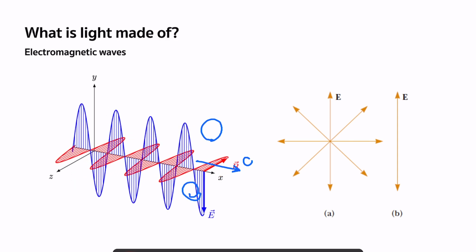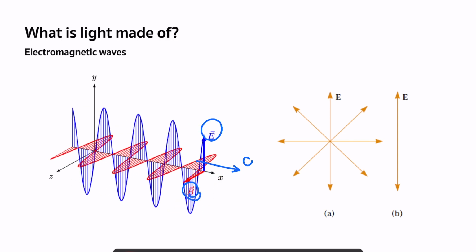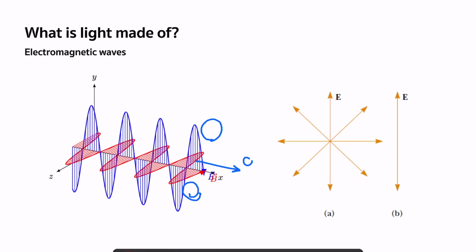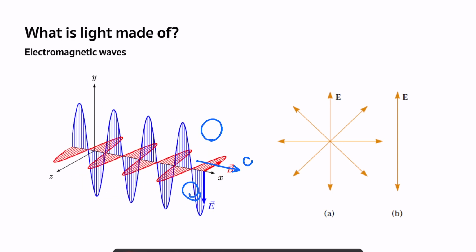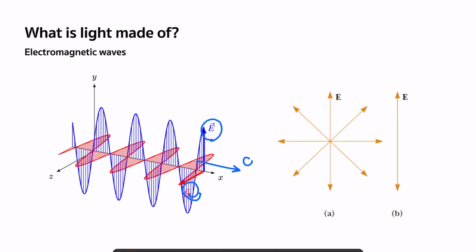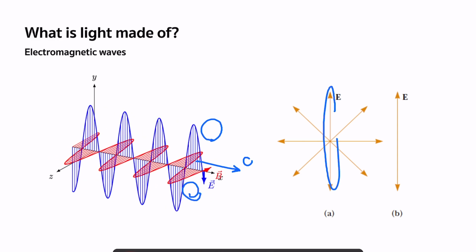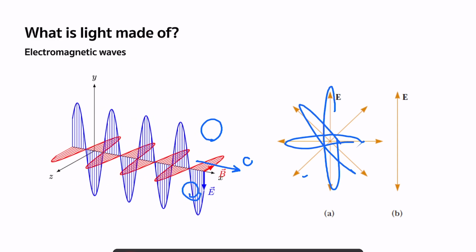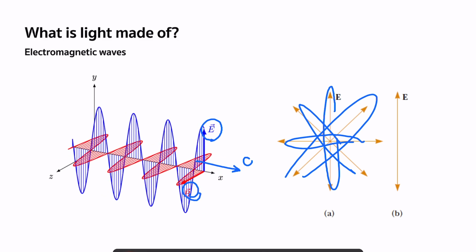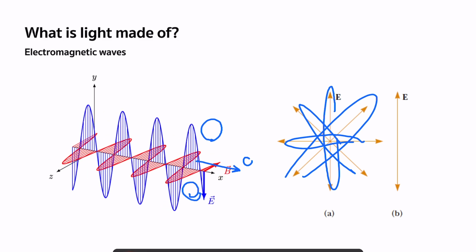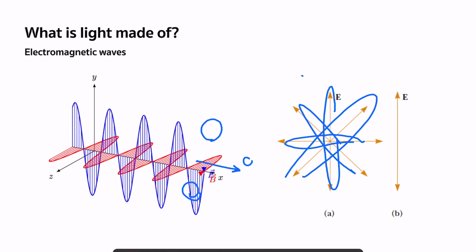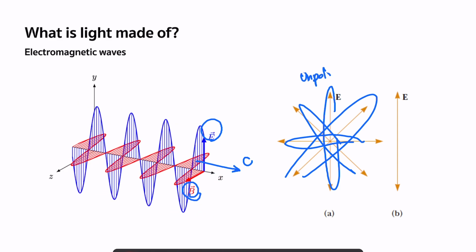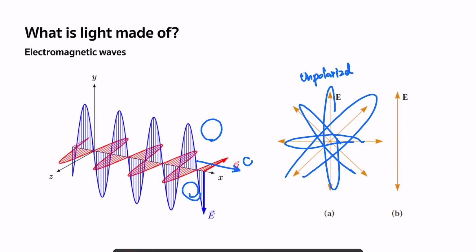We can guess that the electric field of each wave oscillates in various planes as shown in figure A. For example, this one, and this one, and this one. And that means this kind of light is regarded as unpolarized light.